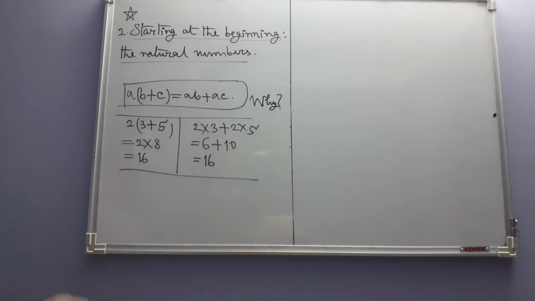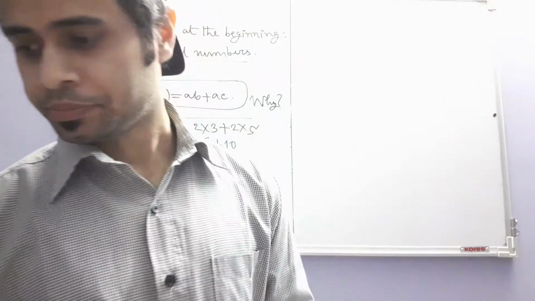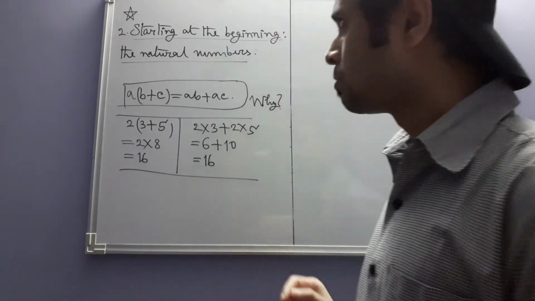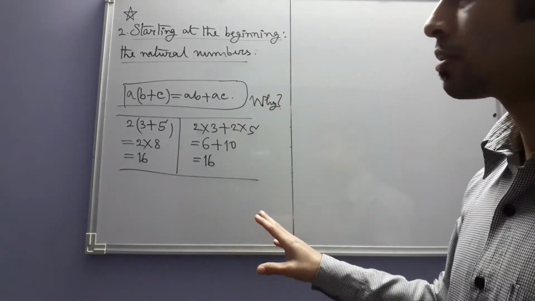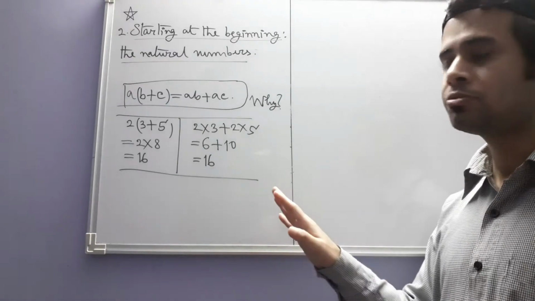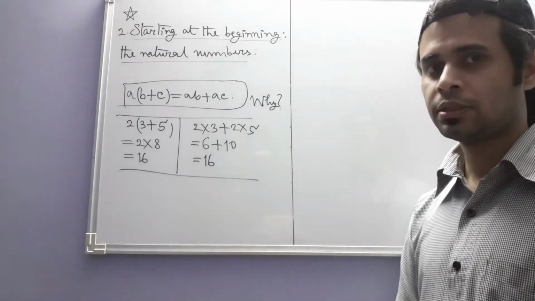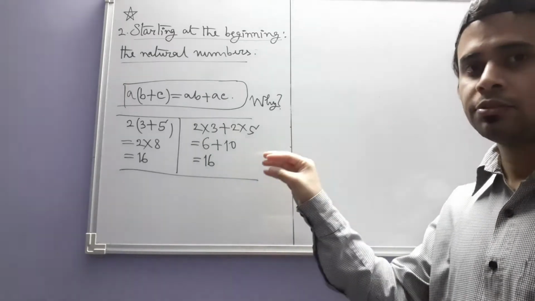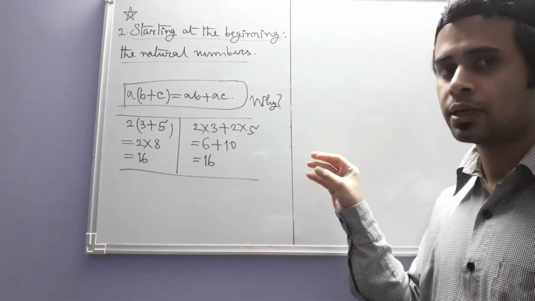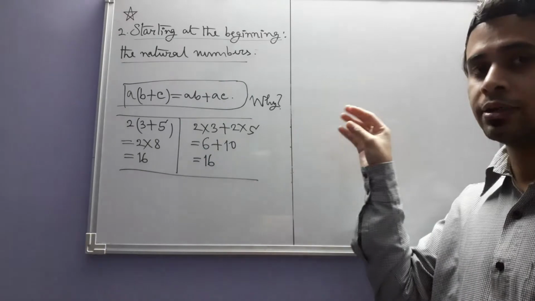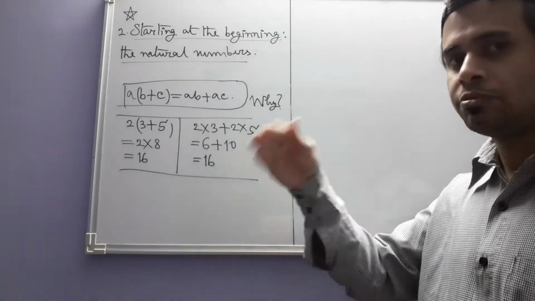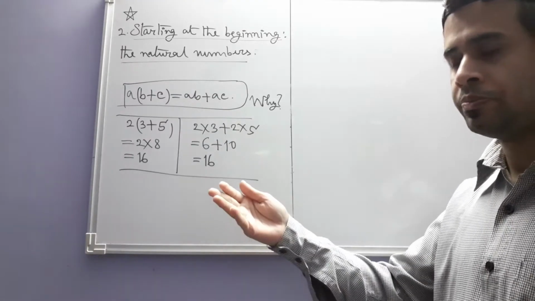Now, what we are going to do, we will first of all try to define the system of natural numbers, try to locate or identify the problems that we encounter in trying to define that system and try to rectify the problems as we go.